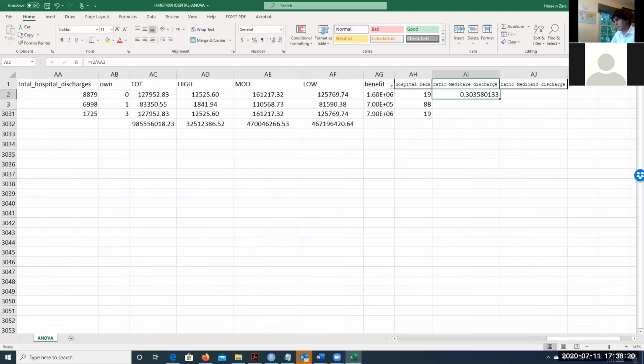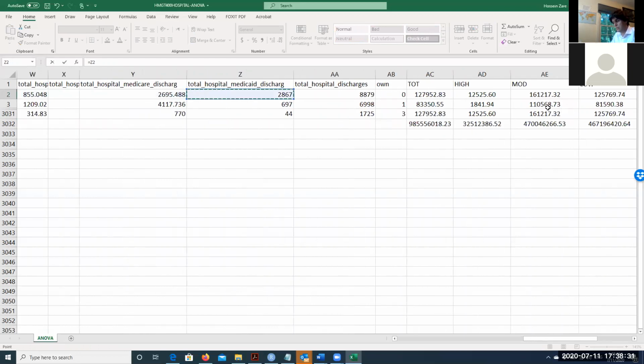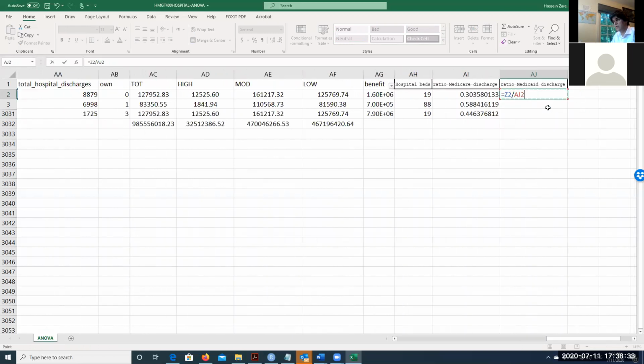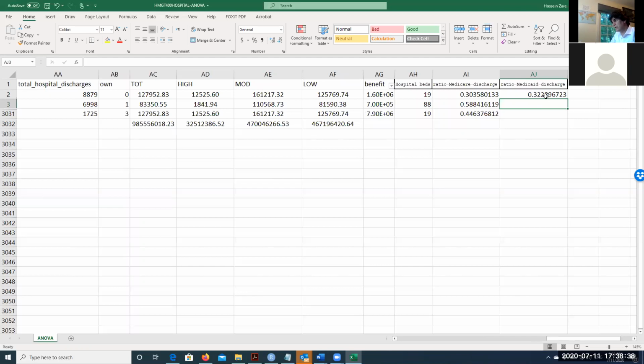And you can drag it to get everything. And for the Medicaid, you should go with this, divided by this one. You can drag it, and so these are the variables you need: benefit, hospital beds, this one and this one.